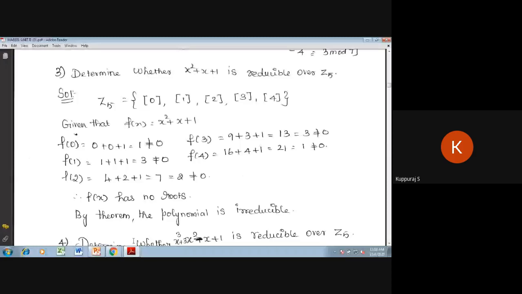So 0 is not a root. Then putting x equal to 1, 2, 3, 4. Okay. So no value of x makes the given polynomial 0. Therefore, f of x has no roots over Z5, which means the given polynomial is irreducible over Z5.